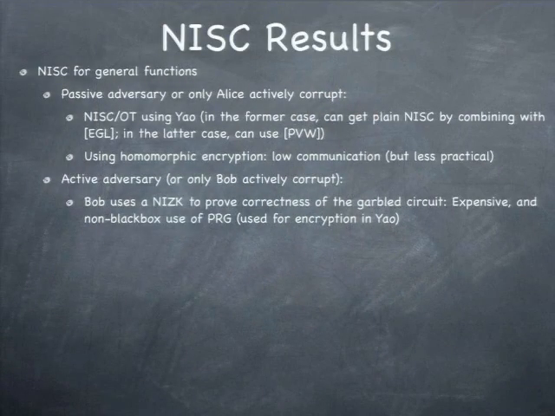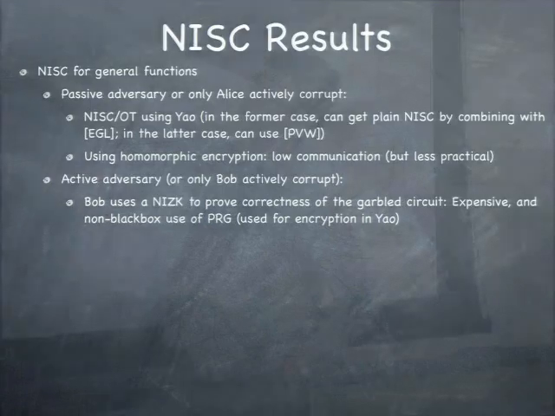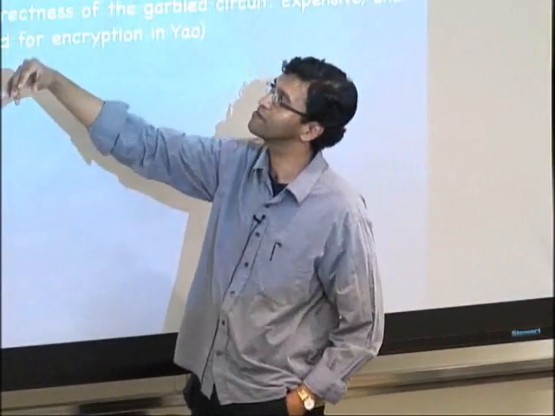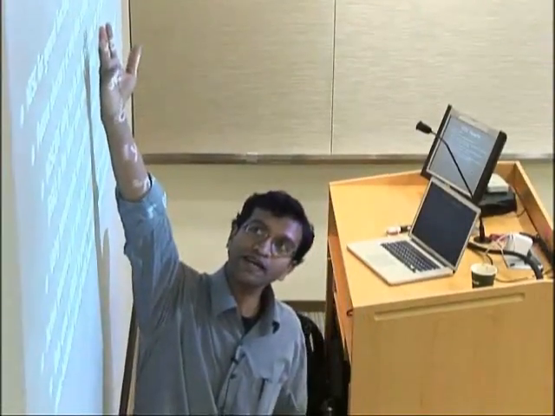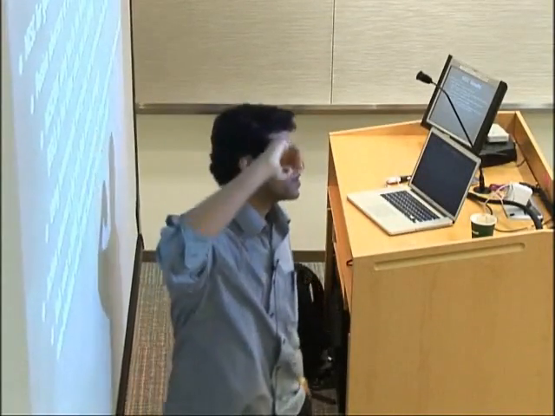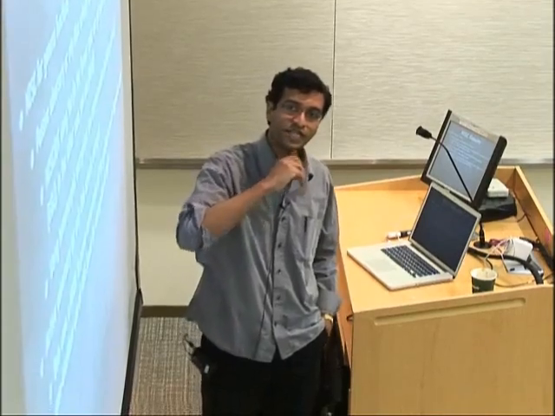So what can you do if Bob is actively corrupt? Well, one option is to use a standard cryptographic tool: you compile a passive secure protocol using a zero knowledge proof and get an active protocol which is secure against active corruption. We want it to be non-interactive, no problem. You do have non-interactive zero knowledge. So this is one option.